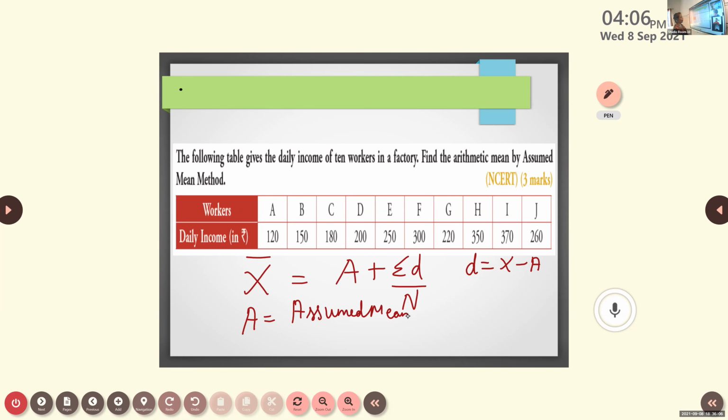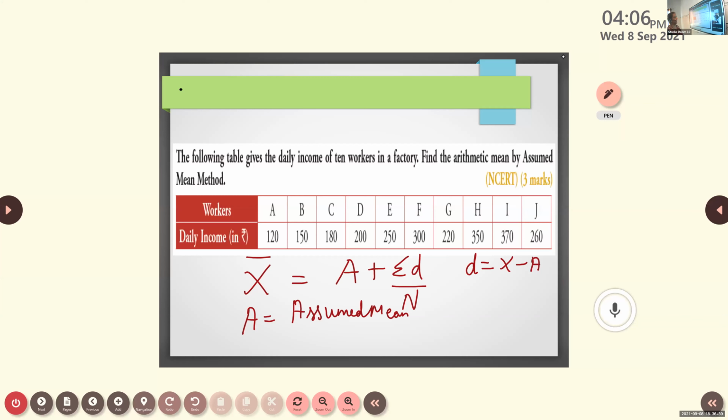Rahul, which number you took? 250. Okay. Did you get the total? Not yet. Kevin?